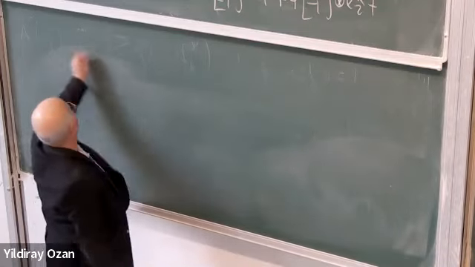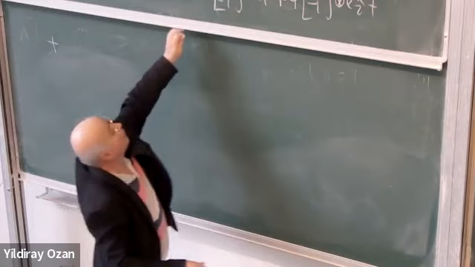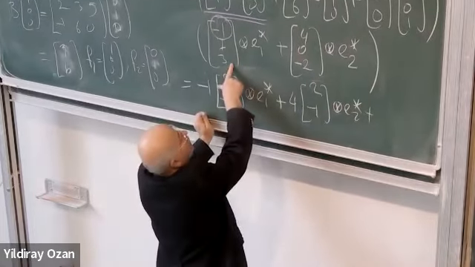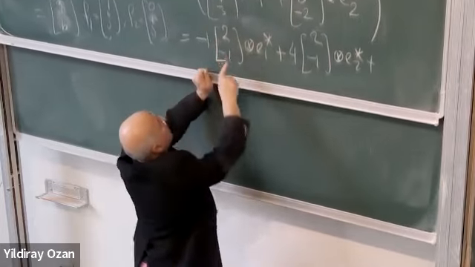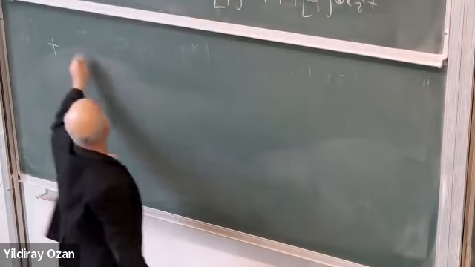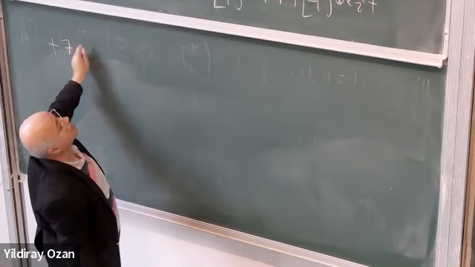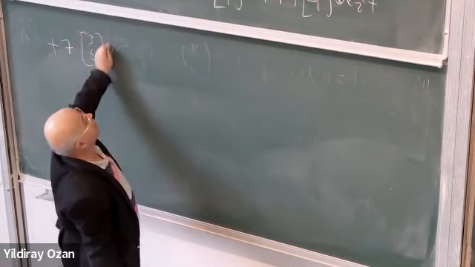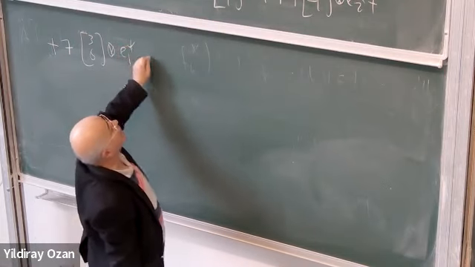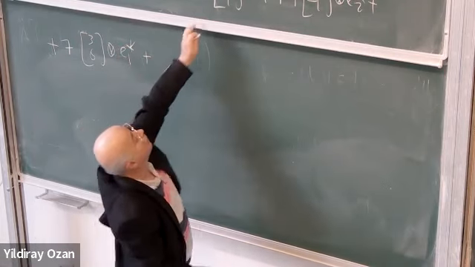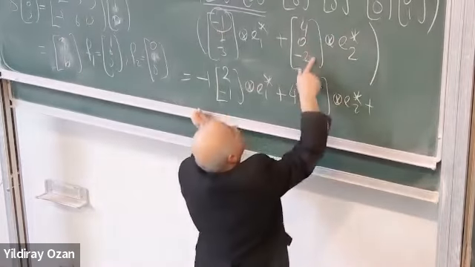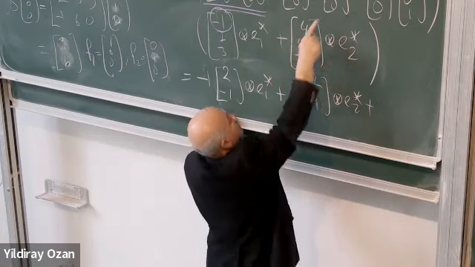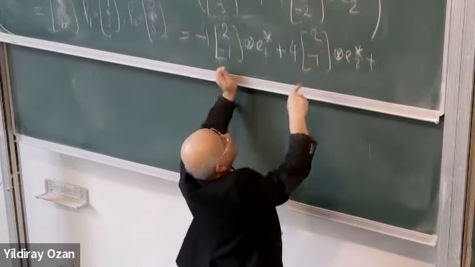So plus, now this guy will eat this one. It will give me the second entry, which is 7. 7 times 3, 6 tensor E1 star plus this guy will eat this guy. It will give me 0 because the second entry here is 0. So it doesn't give us anything.